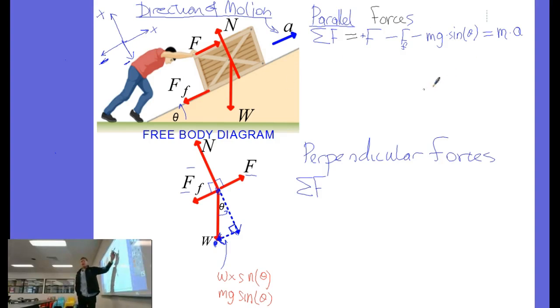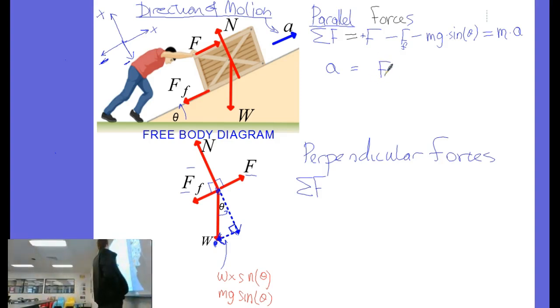So from that we can get a little rule or equation for the actual acceleration of the crate on an inclined plane, if it's being pushed in this scenario, by dividing by the mass. Now when I divide by the mass, I've got 1, 2, 3 parts I'm going to divide the mass into. So the whole lot is being divided by mass.